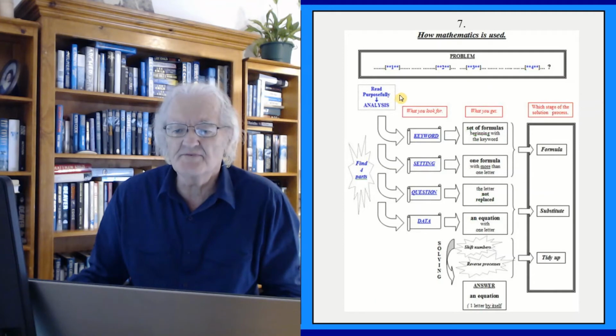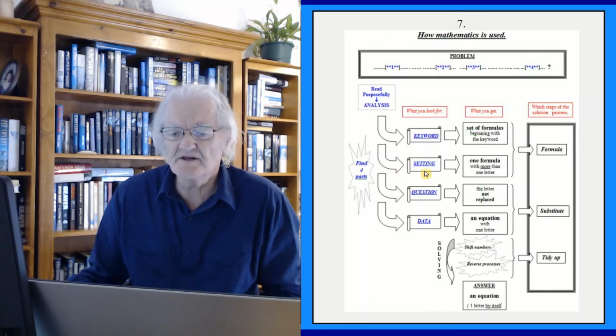When you read it purposefully and analyse it, you will find 4 specific components. The keyword, the setting, the question, which specifies what is unknown, and the data, which allows us to generate a value for the unknown.